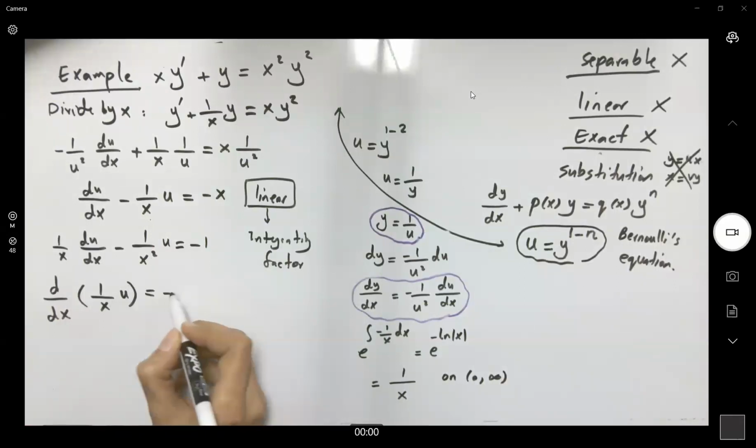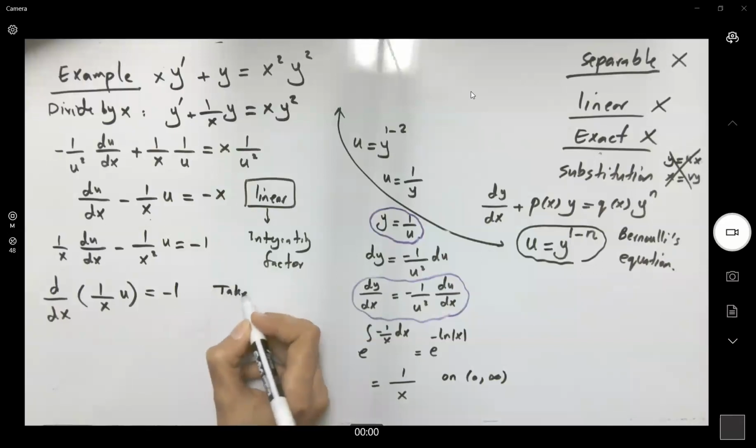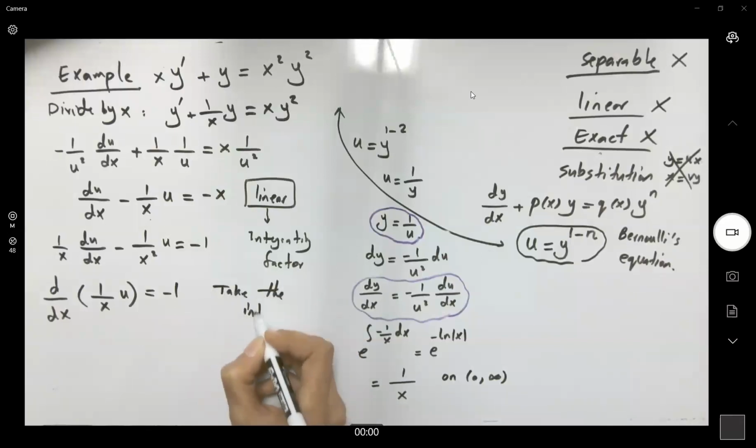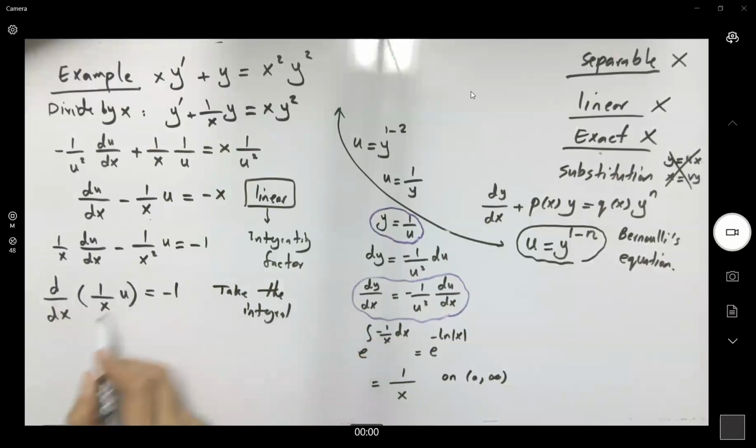On the right-hand side, we have negative 1. Now, just take the integral of both sides. The left-hand side becomes 1 over x times u, and the right-hand side, in this case, we get negative x plus the constant of integration.